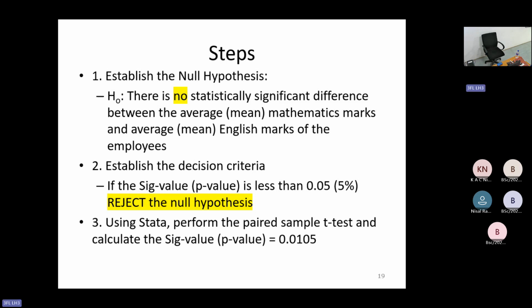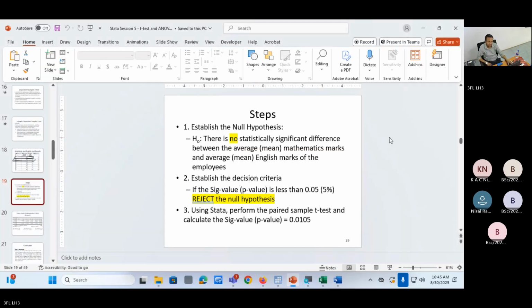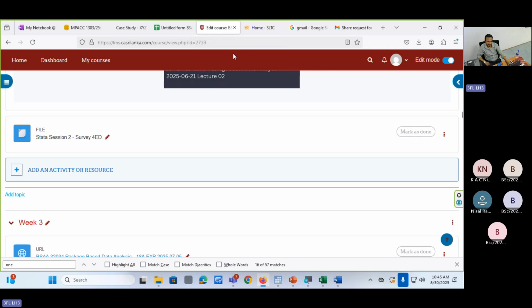Then step number 4, conclusion. Based on that sig value, decide whether you have to reject the null hypothesis or not. That's it. Understood? So let's now download and open the relevant data. Let's go to data and open the relevant data.